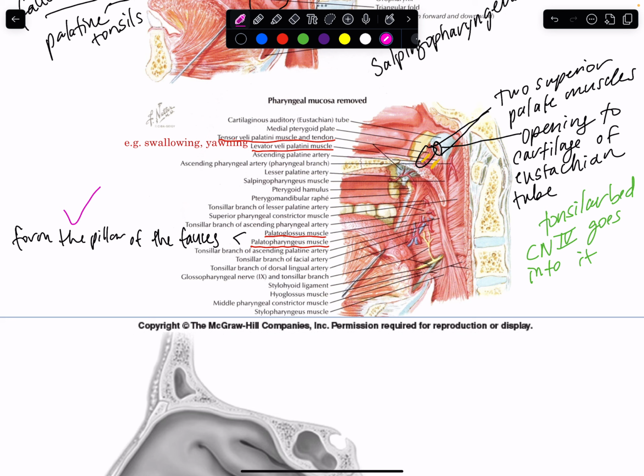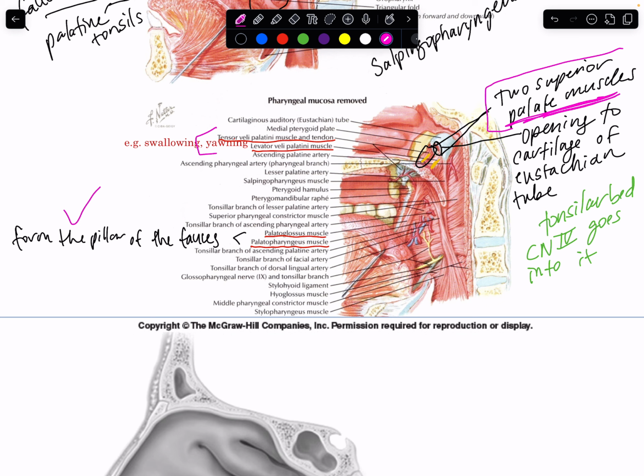Okay. Something else that we're also looking for is this guy. Because we know that these two muscles help in yawning and swallowing, that's what we usually will look for.